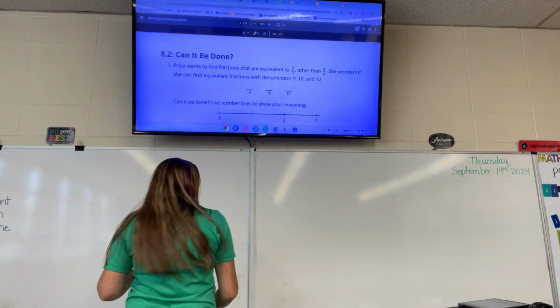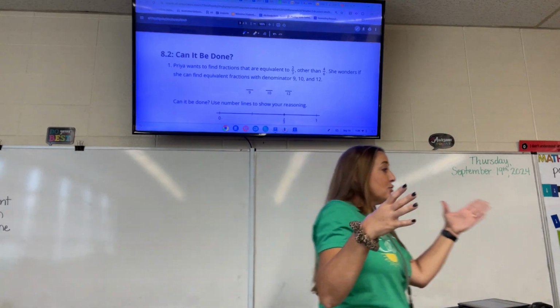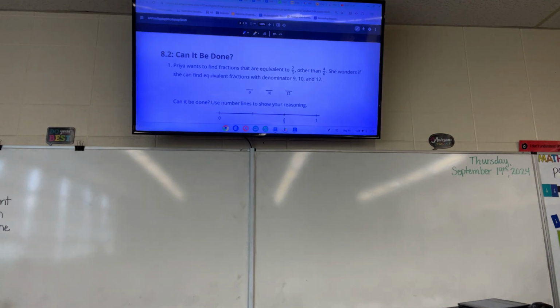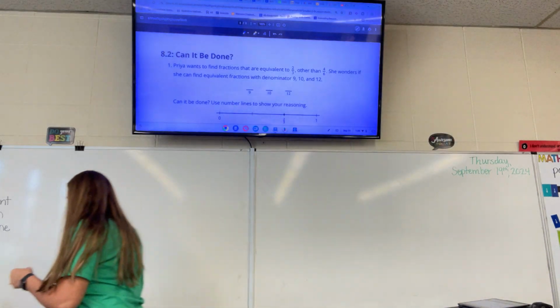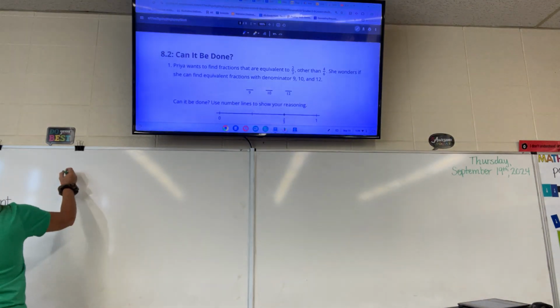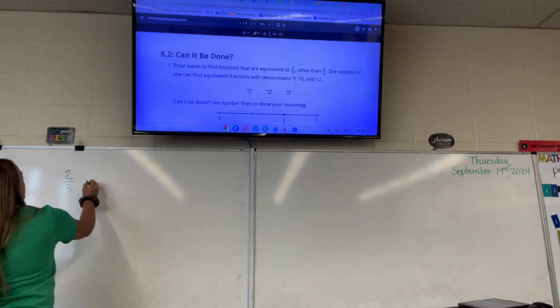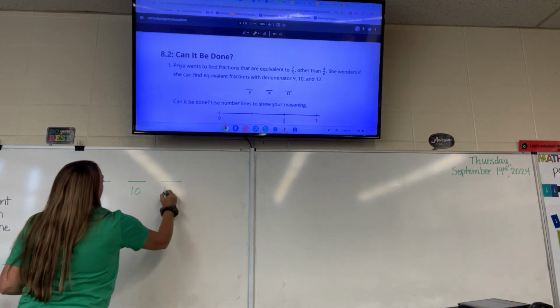So here's what she does. She makes a number line that shows 3 sections, okay? And then she finds 2/3. With me so far? So she's wondering, can there be equivalent fractions to 2/3 that have a 9 on the bottom, a 10 on the bottom, or a 12 on the bottom?